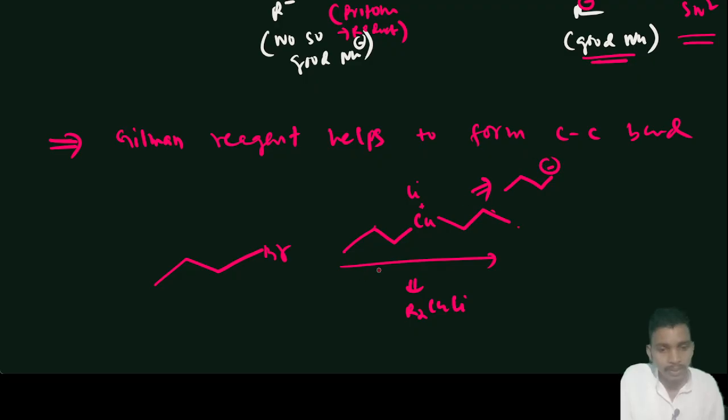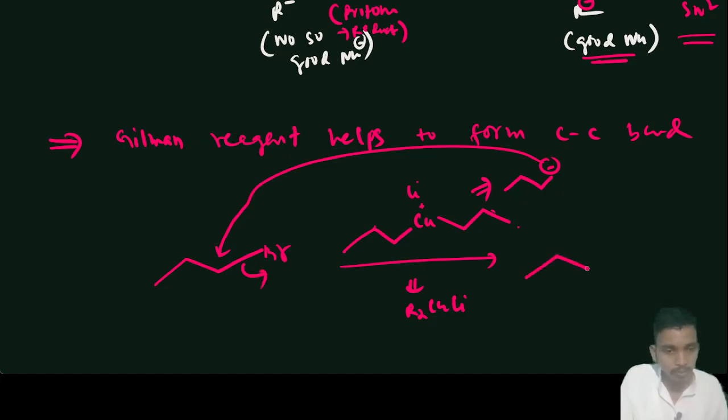This will attack this, and this is going to leave here. So we get 1 2, 1 2 3, 1 2 3, and then again 1 2 3. This comes from here, and this will attack this, so another 1 2 3 bond will form.